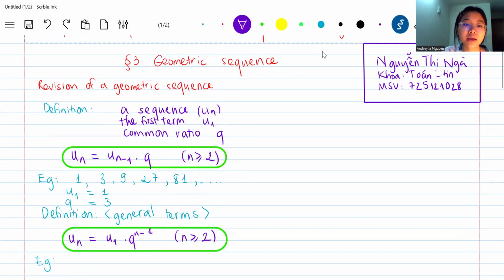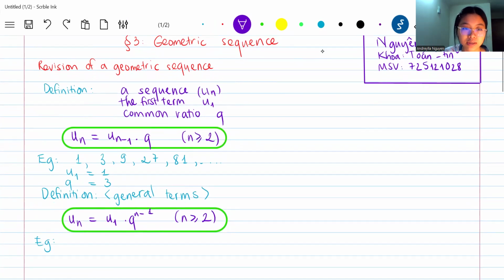Because U1 equals 1 and q equals 3, as we have found before, I can conclude that the general term of my sequence in example 1 is U_n equals 1 times 3 to the power of n minus 1, which equals 3 to the power of n minus 1, for n greater than or equal to 1.